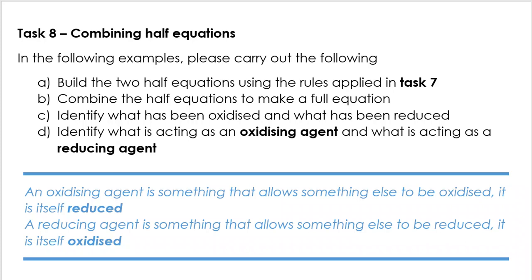An oxidising agent allows something else to be oxidised, so that makes it an electron acceptor. A reducing agent allows something else to be reduced, which means it is itself oxidised. And if it's oxidised, that means it can donate electrons.